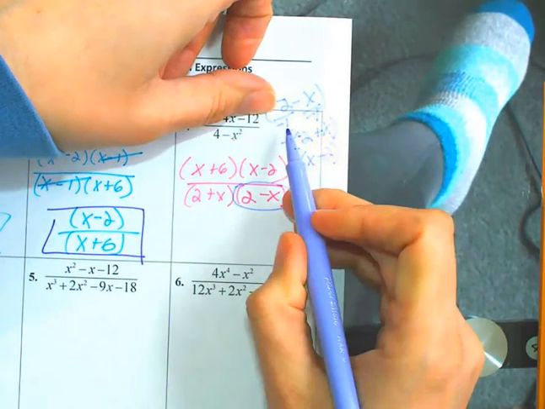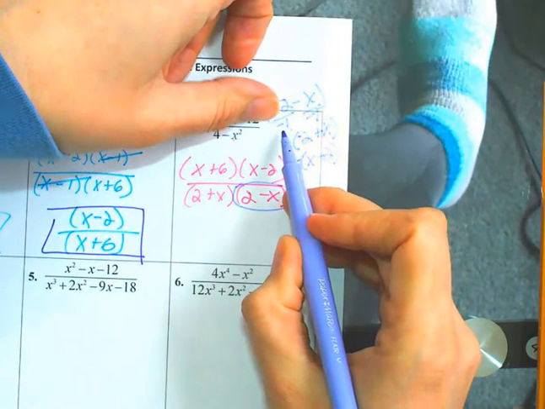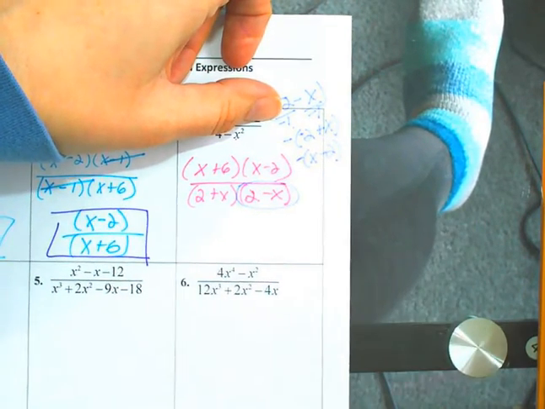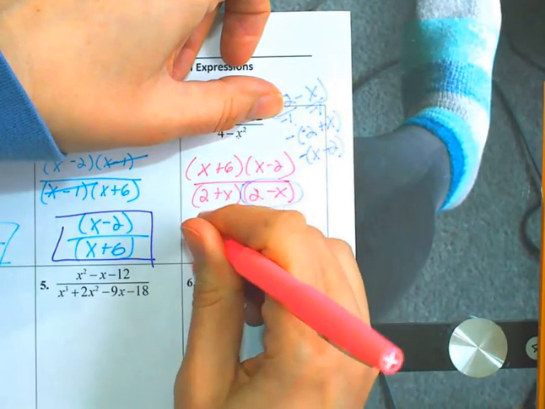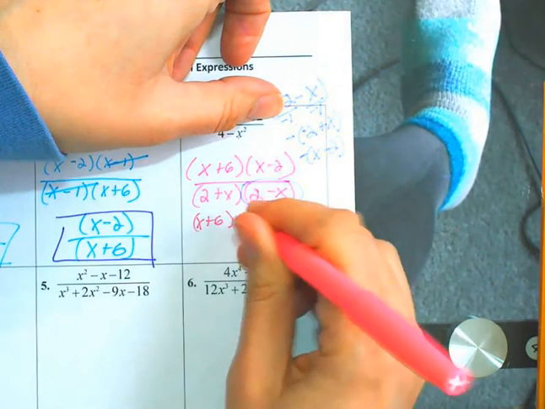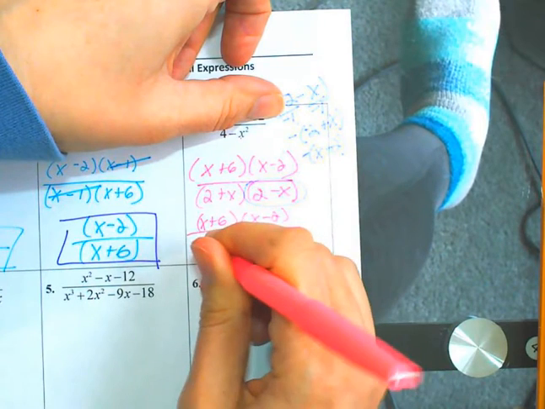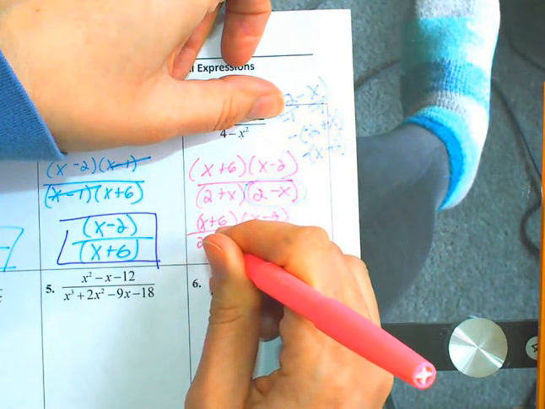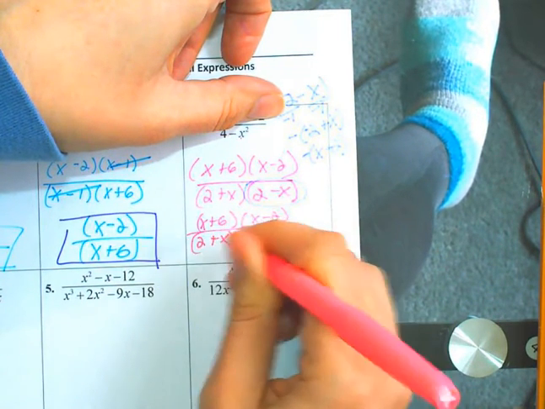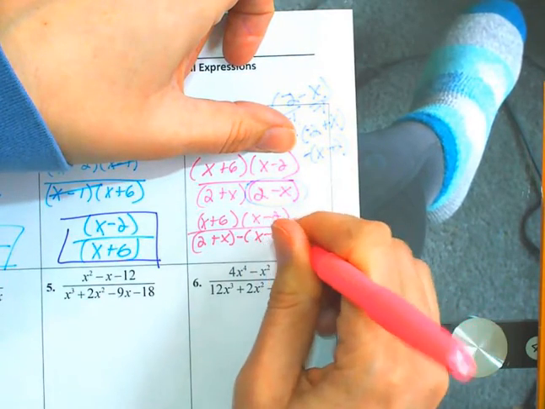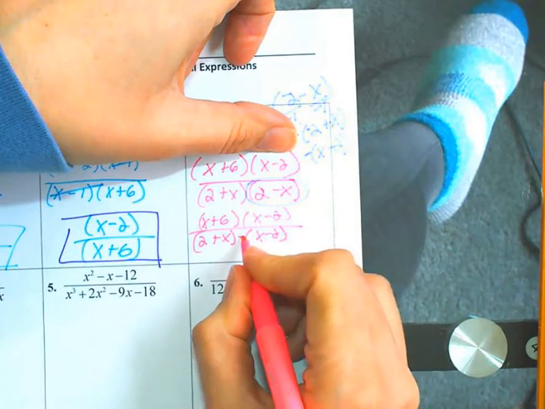So all I did, which is perfectly fine, is to factor out a negative 1. Then I have x plus 6 times x minus 2 over 2 plus x, and then times negative x minus 2. This is a negative, that's not a minus sign.